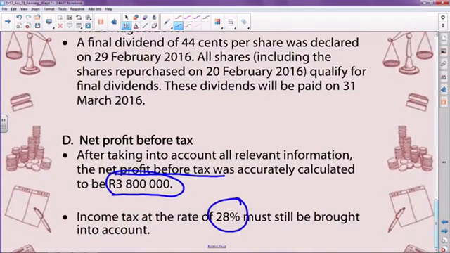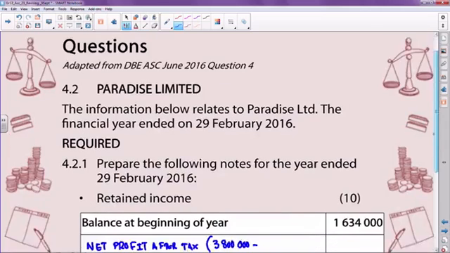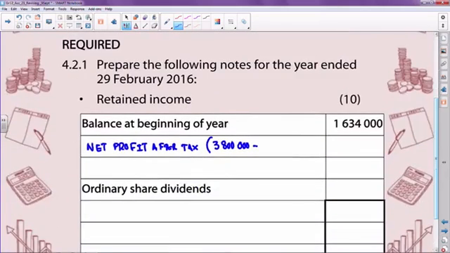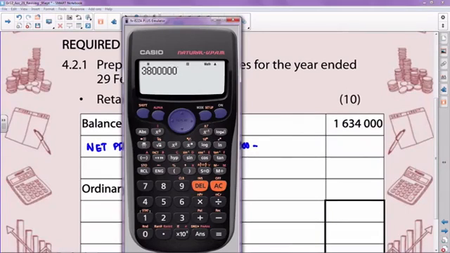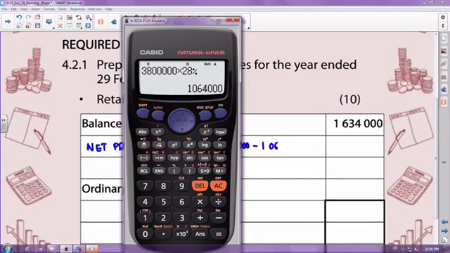So immediately I say, fine, if that's what I need to do, let's do that. It's your 3,800,000 times 28%, and that's 1,064,000, right? So I've got my taxation, minus 3,800,123, and that will give me my figure that I'm looking for, 2,736,000.